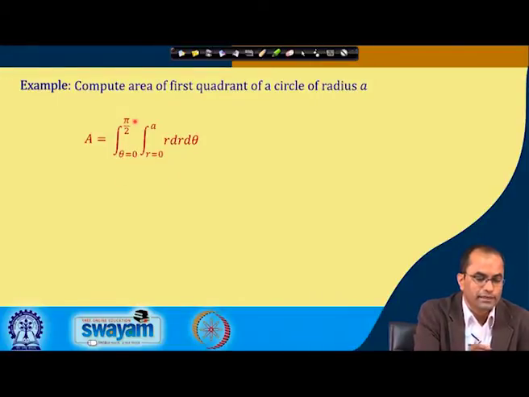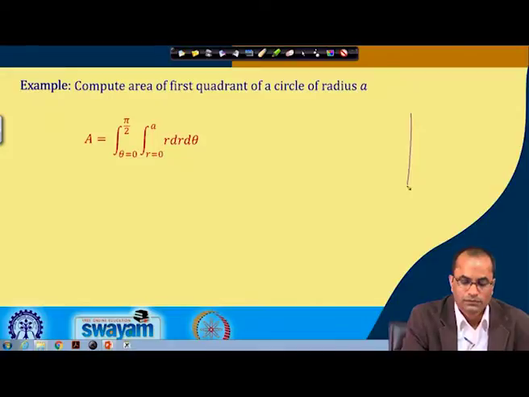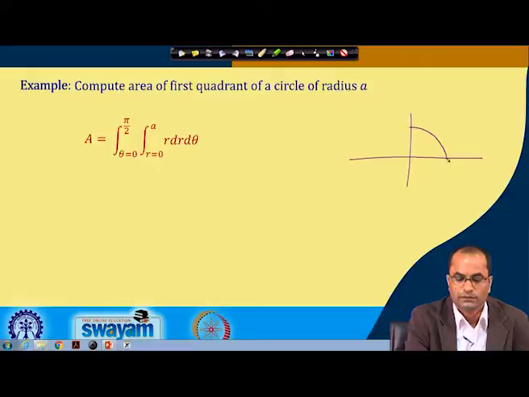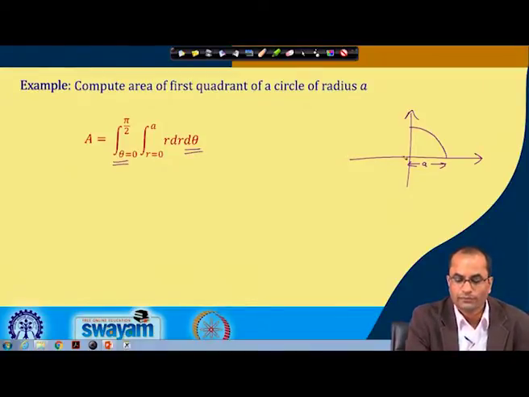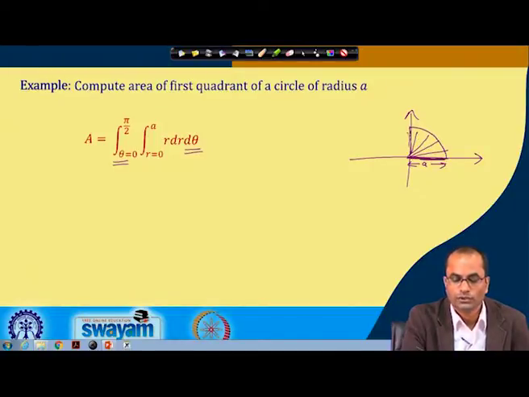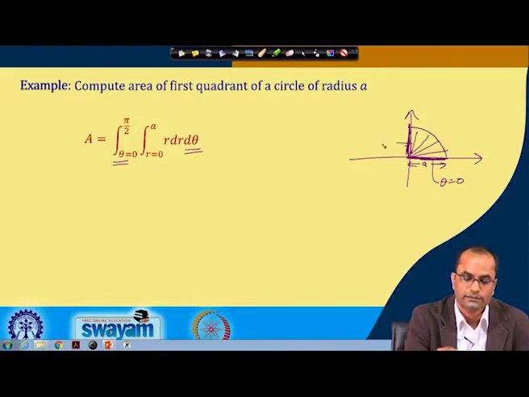So, here the area of the circle will be given by the integral with theta from 0 to pi by 2, because it is the first quadrant. Here is the circle and the radius is a. So, the limits for theta first: theta will vary from 0, at this line theta is 0, up to pi by 2, at this line where theta is pi by 2.